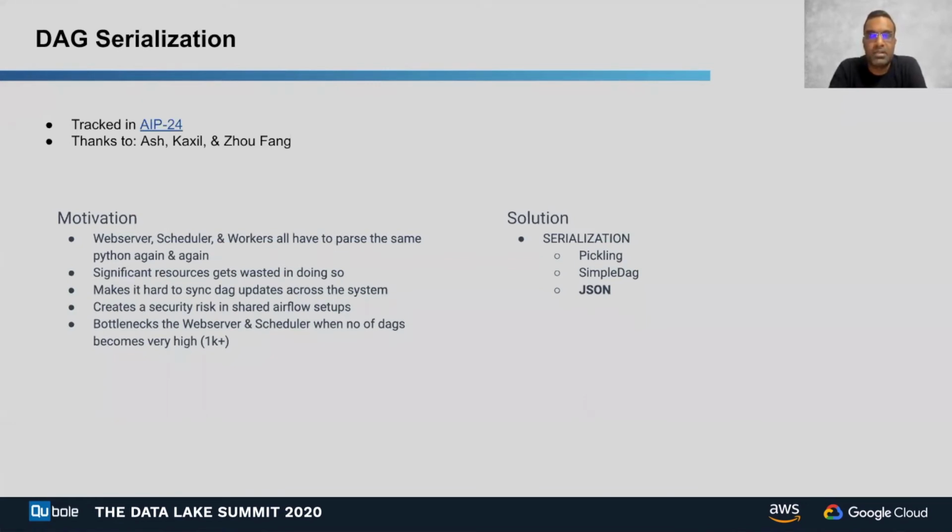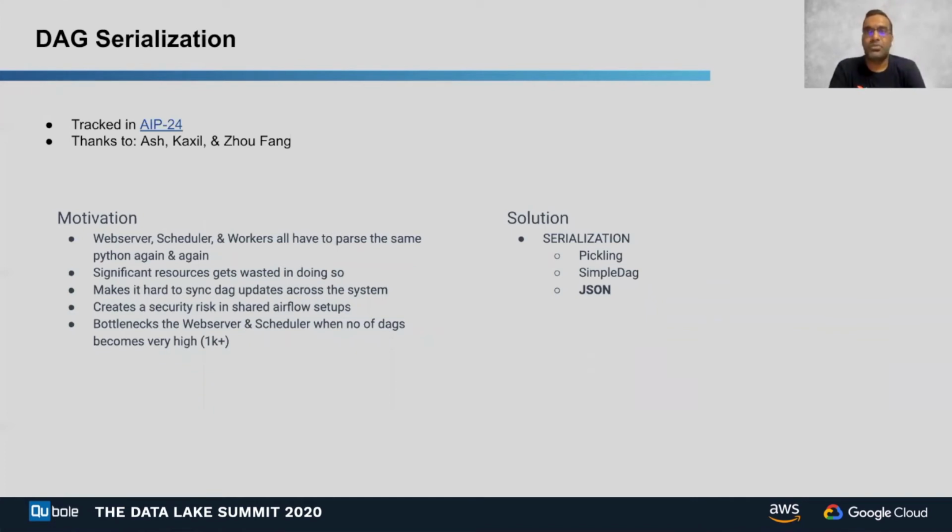And of course it bottlenecks the web server and scheduler at a certain point. I don't have an exact number because it depends upon your setup, but somewhere around 1000 DAGs, if you go above that, it might start creating issues, like the web server loading may become slow, the scheduling becomes slow, and things like that.